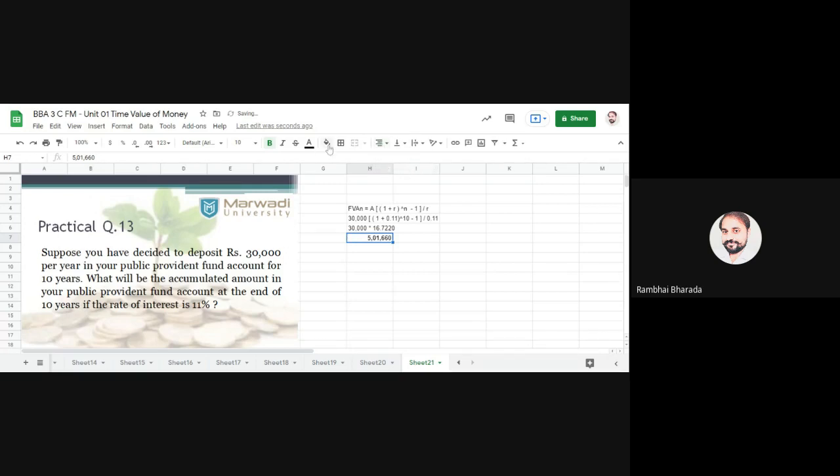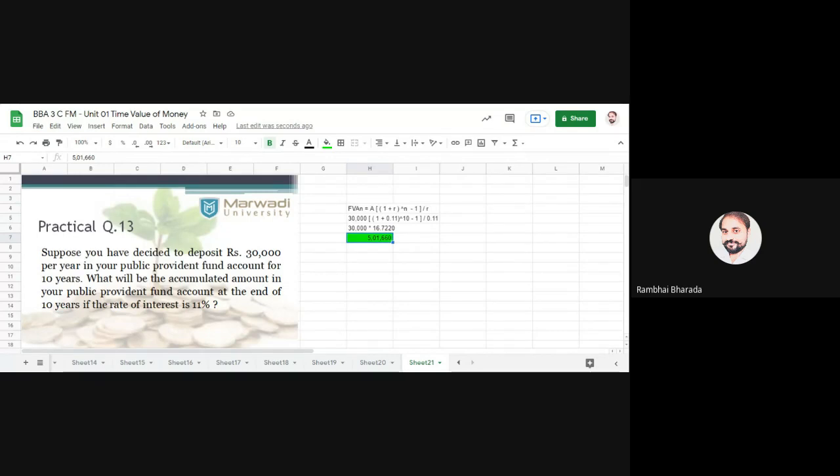Yes, a simple calculator is allowed. Scientific calculation is not allowed. Okay, all of you are getting the same answer. So in each and every practical question, we need to follow these 4 steps. No need to worry about the internal calculation.